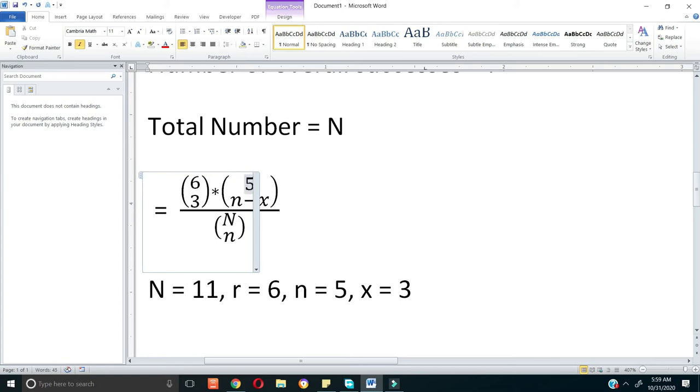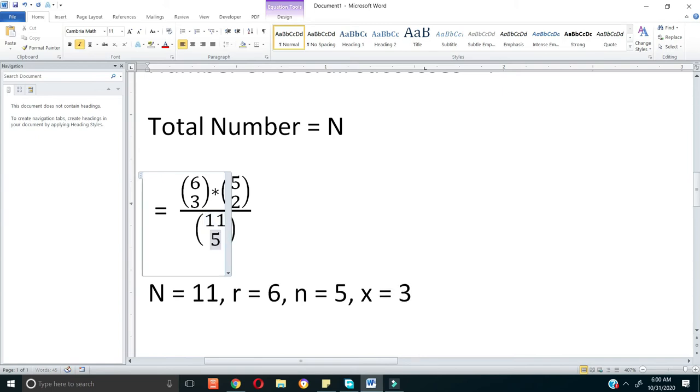Then n minus x: if you have 5 picks and you want 3 red balls, the remainder is going to be 2 blue balls. Then the uppercase N is 11 again, and the number of picks is 5. So this is essentially what we have over here.